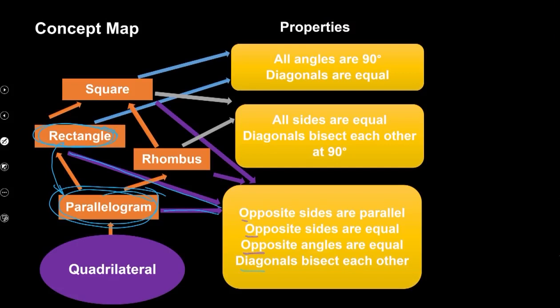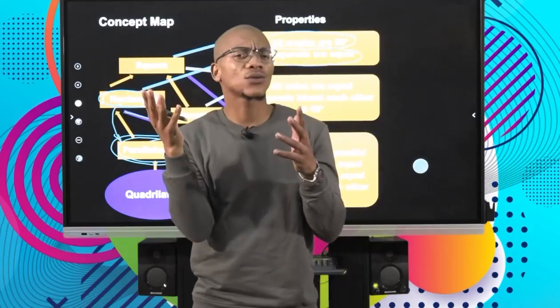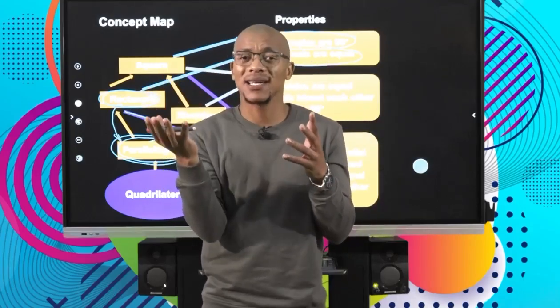A rectangle is a parallelogram, but what makes it a rectangle and not just a parallelogram will be the 90-degree angles that we introduced there. Hence, you can see that it goes up there again to say the angles are 90 and the diagonals are equal to each other. So those are the interesting properties of what a parallelogram is with respect to what a rectangle is.